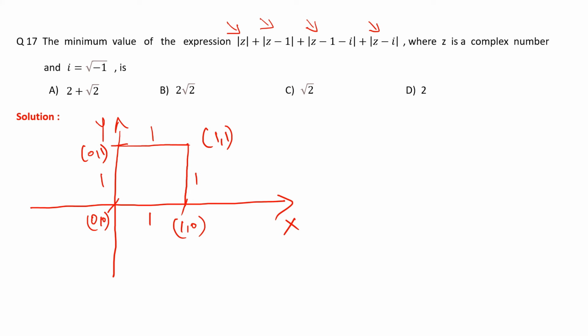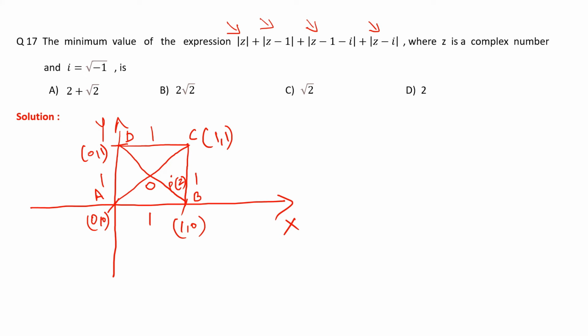Now let's make its diagonals. Let the point of intersection of the diagonals be O. Suppose these are the points A, B, C, D, and suppose Z lies anywhere in this plane. I'm just taking Z over here at the point P. Fine.